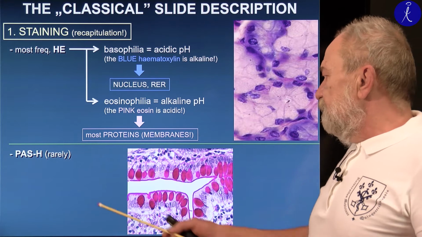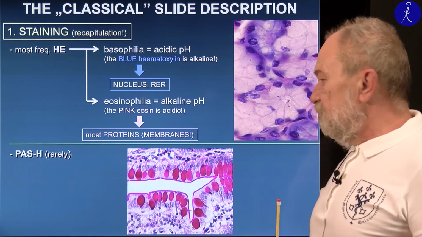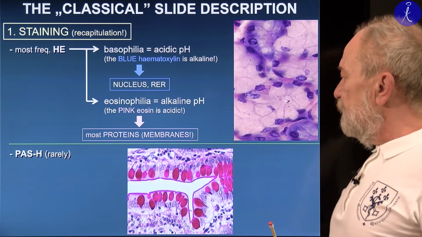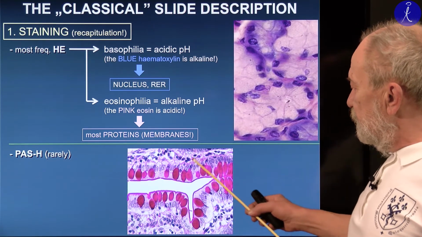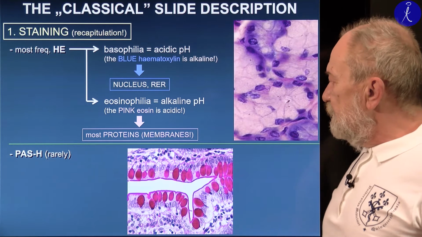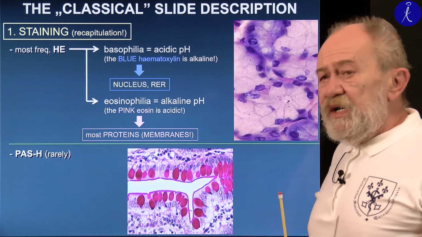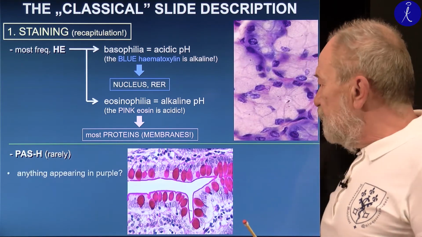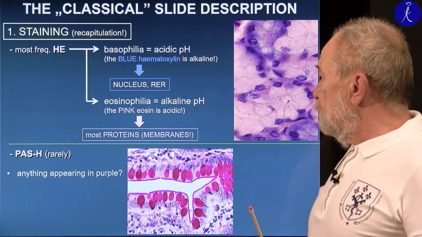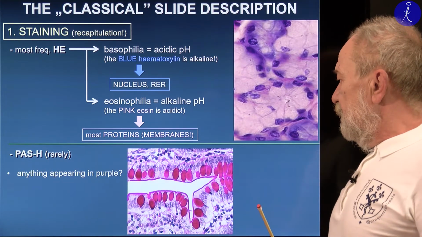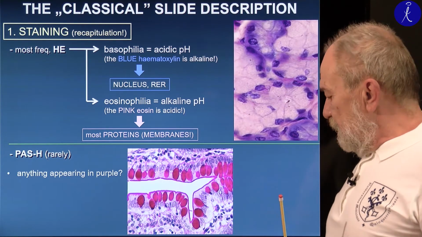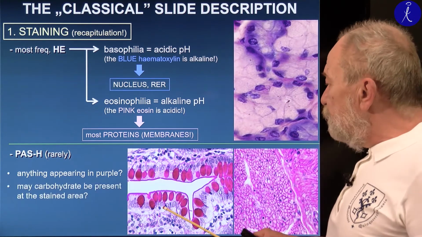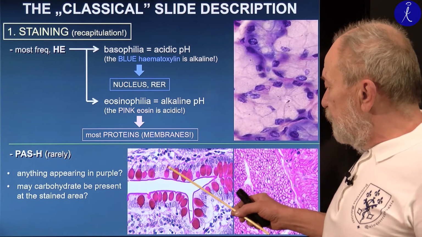The other stain, quite rarely used, is PAS. Some of the slides were stained with PAS, so the hematoxylin is the background staining, staining the nuclei very nicely, and the PAS, as you remember, selectively stains the carbohydrates. So the question you should ask yourself is whether the purple color is present or not, and where purple appears, carbohydrate is present.